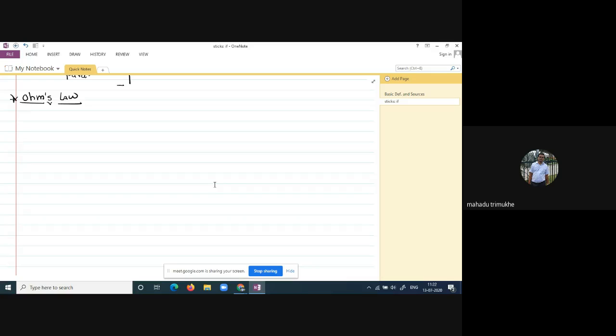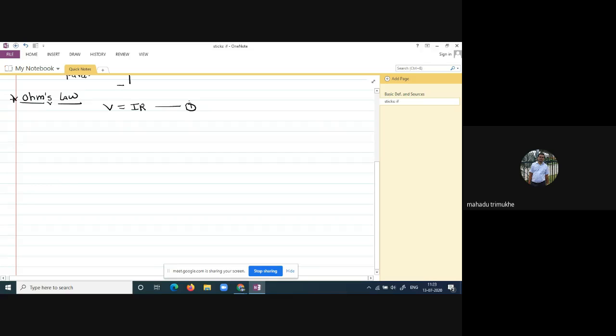So the statement is: for a resistor having resistance R, the voltage across it is directly proportional to the current flowing. We represent it in mathematical form, that is V is equal to I into R. This is a simple statement of Ohm's law, the mathematical representation of Ohm's law. Right? V is equal to IR.